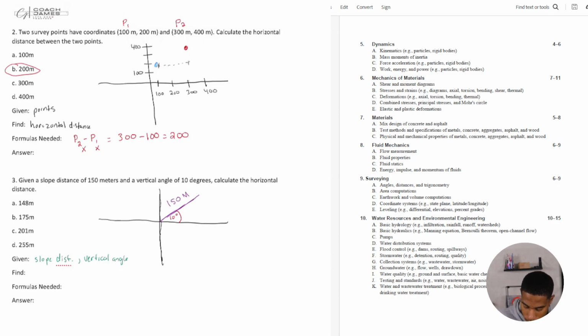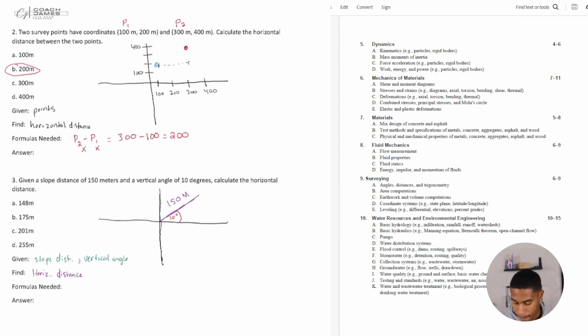And we're trying to find the horizontal distance. To me, we need to find the X component of this. And how do you find the X component?